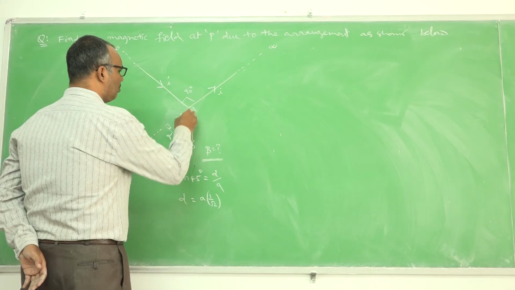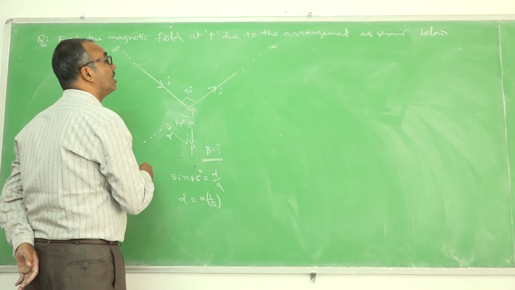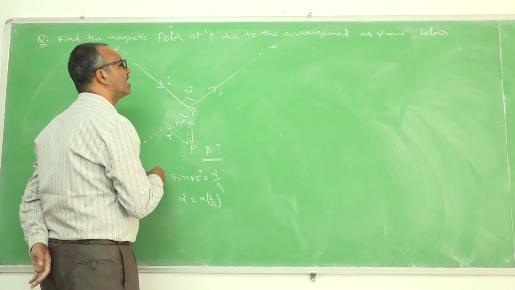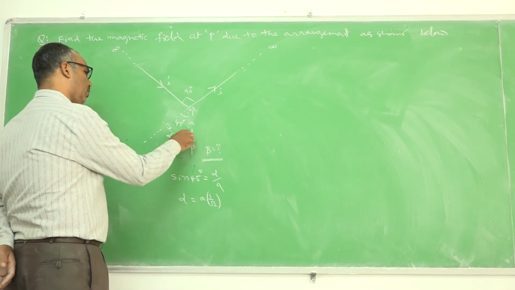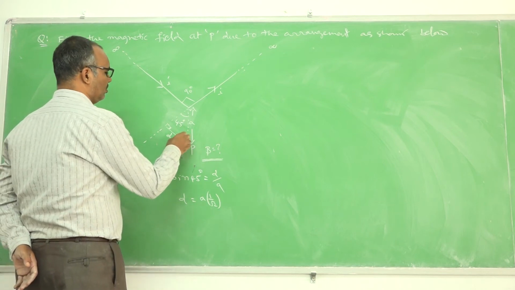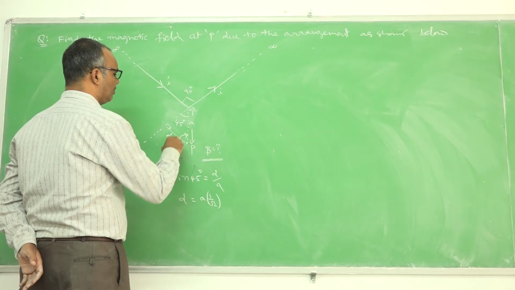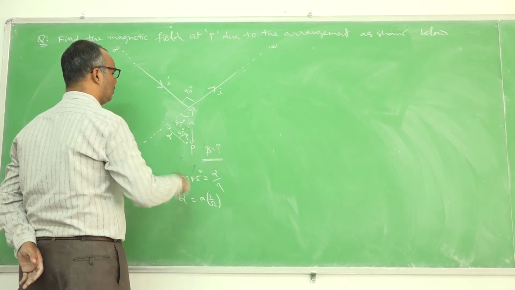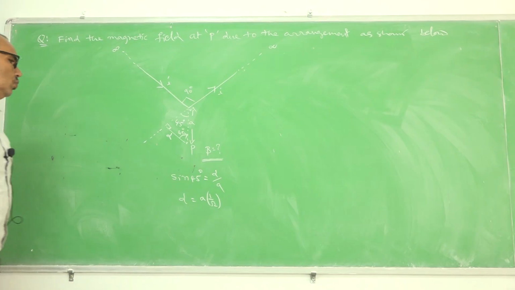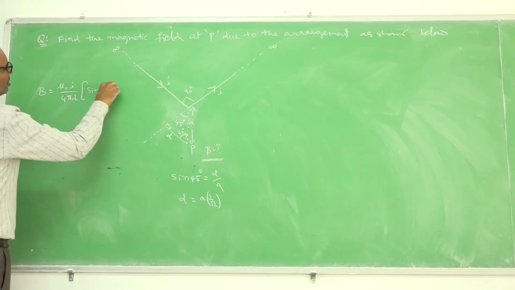Alpha is the angle made by the first end of the conductor at the point. Beta is the angle made by the second end of the conductor with the point. First end of the conductor is making an angle like this, 45 degrees clockwise. So, general formula: B is equal to mu naught I by 4 pi D into sin alpha plus sin beta.